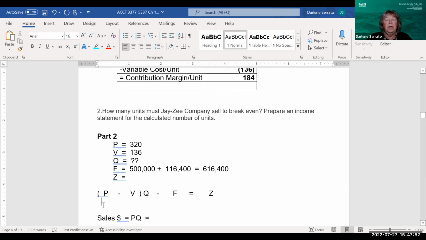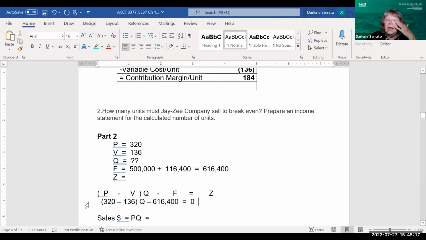Okay, so plug the numbers into this formula. 320 minus 136 times Q minus 616,400 equals 0.